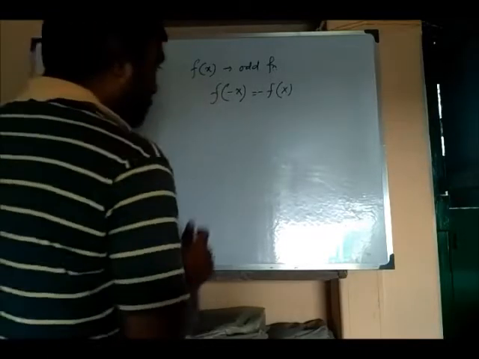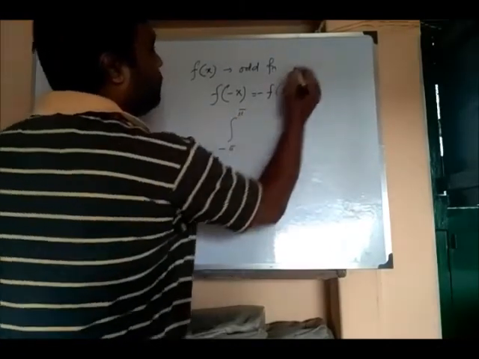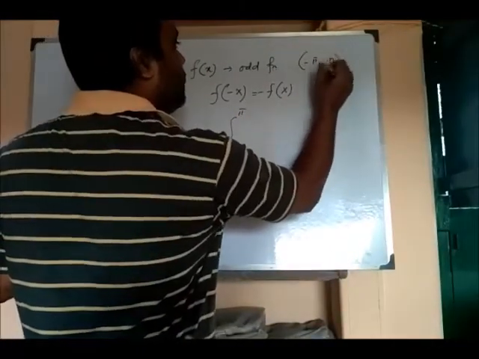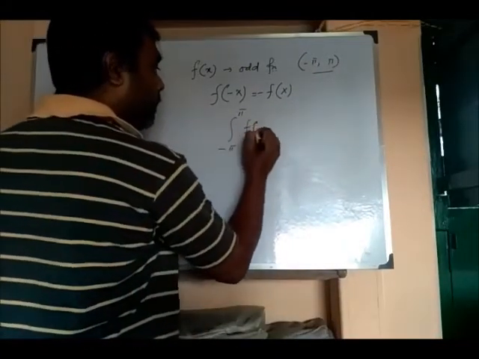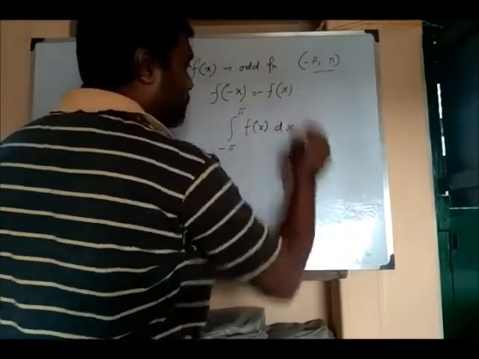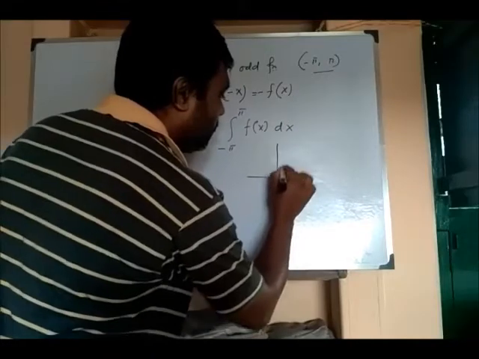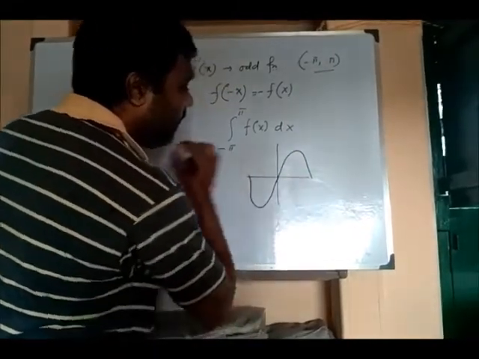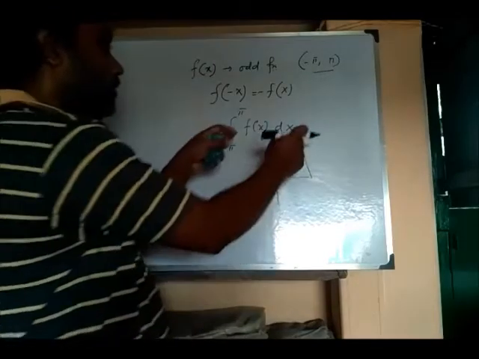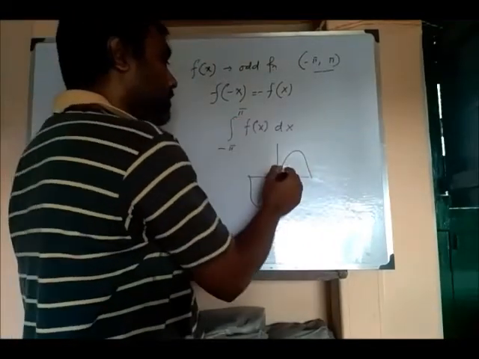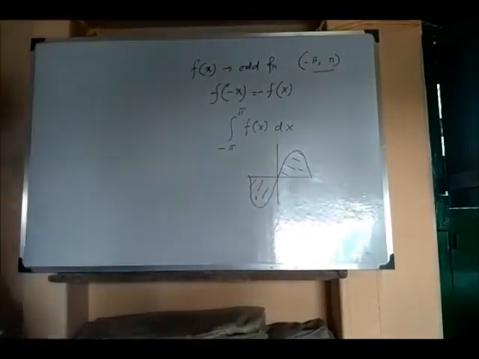So for an odd function, if you integrate over the range from minus pi to plus pi of f(x) dx, what will you get? Assume that this is your antisymmetric function, or an odd function. Now, what does this f(x) dx mean? This is the area under this curve, right?